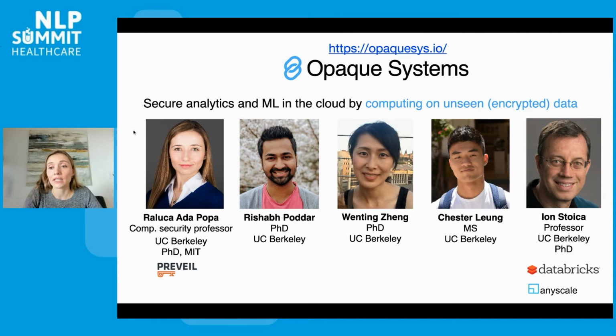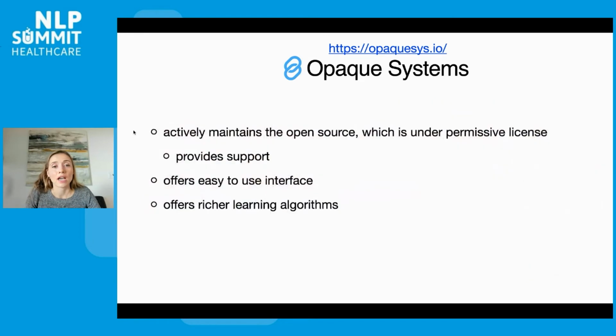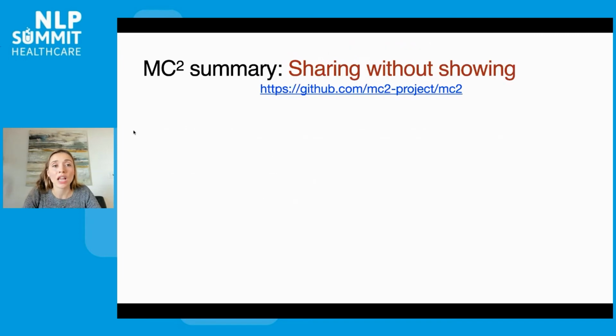Together with our colleague Jon Stojka, who is the co-founder of Databricks, they are maintaining the open source, providing support, offering an easy-to-use interface, and richer learning algorithms for the medical and financial sector. And all of this is released under a permissive license. So in summary, I told you about MC², which enables the idea of sharing without showing.